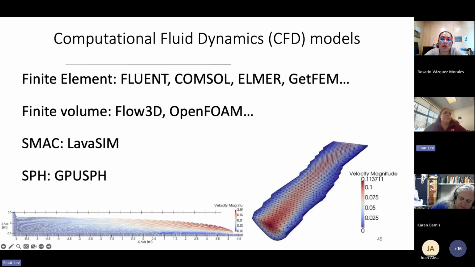So there are finite element codes like Fluent, COMSOL, Elmer, and GetFEM, finite volume codes like Flow3D and OpenFOAM, the SMAC method used in LavaSim, and a particle hydrodynamics code used in GPU-SPH. We don't have any of those right now. We're working on getting a GetFEM based code on Victor.